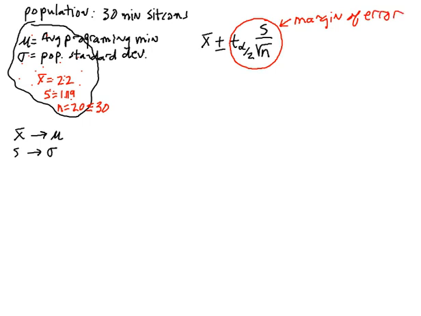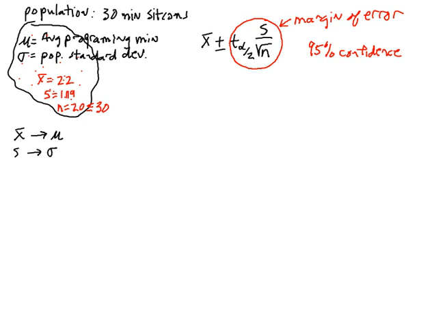And we will be able to know through that how close that 22 average is to the real population. And we're going to have in this problem 95% confidence. So we can, with 95% confidence, know how close we are to the real population average.